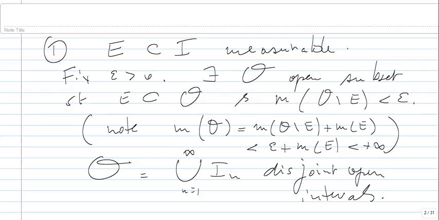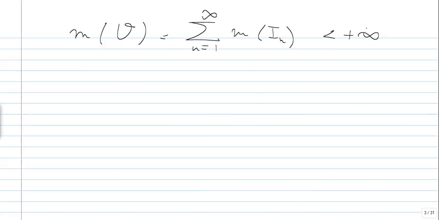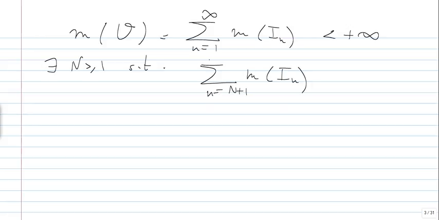Since the measure of O is finite, the measure of O is going to be the sum of the measures of all the I_n's. And since this is finite, for that epsilon there exists n such that the remainder of the series, the sum of the measures of I_n from n plus 1 to infinity, is less than epsilon.